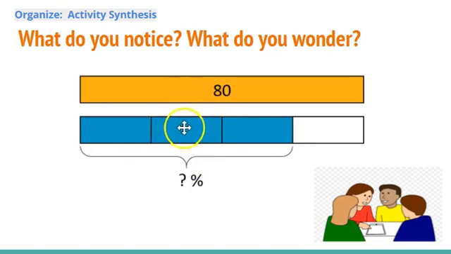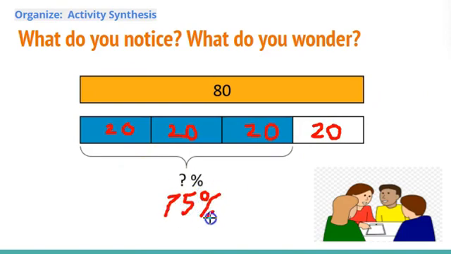If we know that these are 4 equal parts, we take that 80 and break it up into 20 for each. So if we know that 100% is 80, we know that the shaded percentage is 75%.